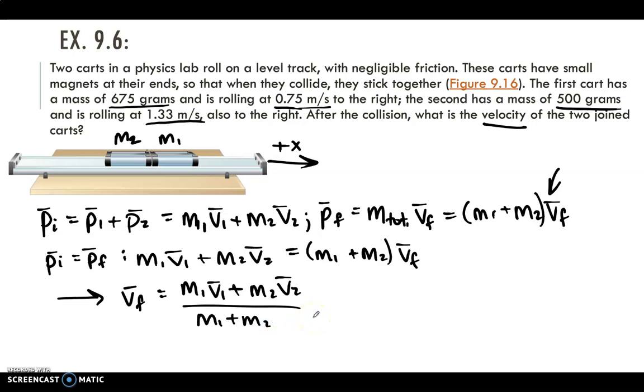Let me see if I have another page. I do not, so I'm going to try to squeeze this in. M1 is 675 grams, so that would be 0.675 kilograms, times our velocity, 0.75 meters per second.